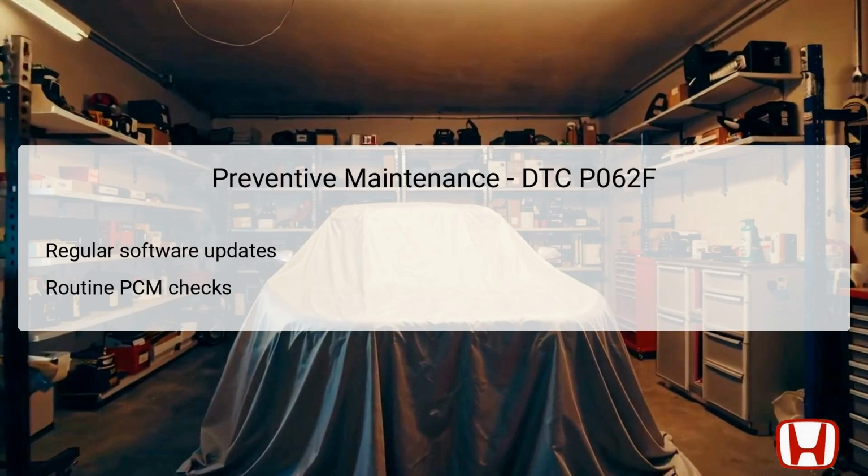To prevent the recurrence of DTC P062F, implementing a consistent preventive maintenance schedule is highly recommended. Regular software updates for the PCM should be conducted, as advancements in engine management software can significantly improve performance and reliability. Additionally, periodic checks on the integrity of PCM connections and wiring should be performed to preempt issues related to poor connectivity.